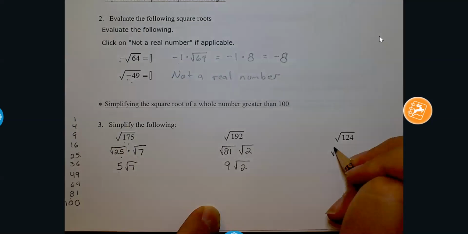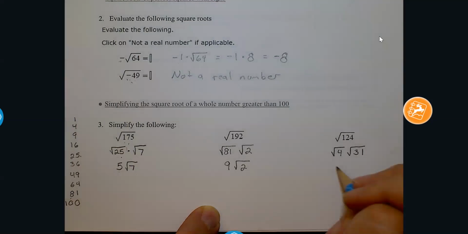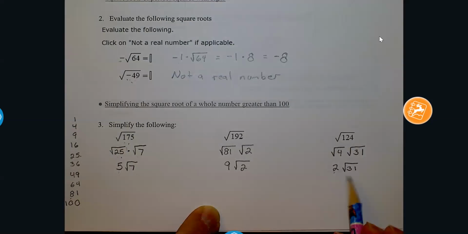So this becomes the square root of 4 times the square root of 31. The square root of 4 is 2, and 31 is a prime number, so nothing else is going to go into it. So the square root of 124 becomes 2 times the square root of 31.